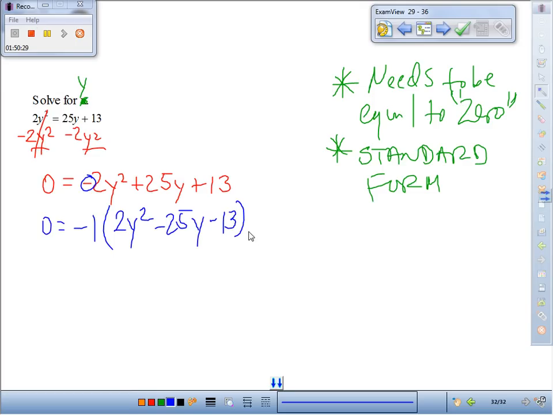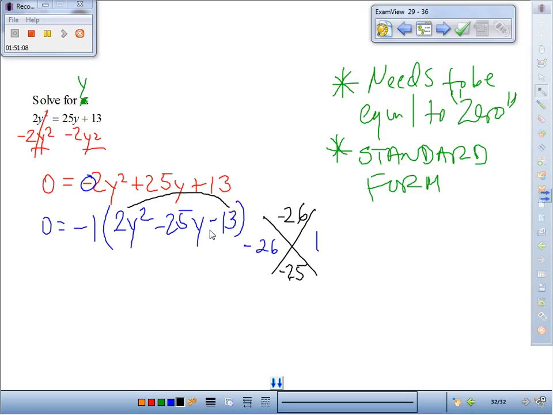Now, we get our Power Rangers going. 2 times negative 13, that's negative 26. And underneath, negative 25. So factors of 26 that add up or subtract to 25, it's 26 times 1. But one of them is a negative. This tells me that the biggest one is a negative, so it's negative 26. Are we there so far?